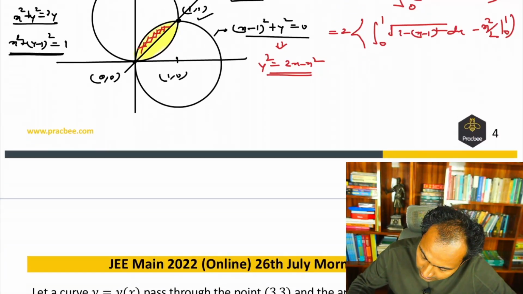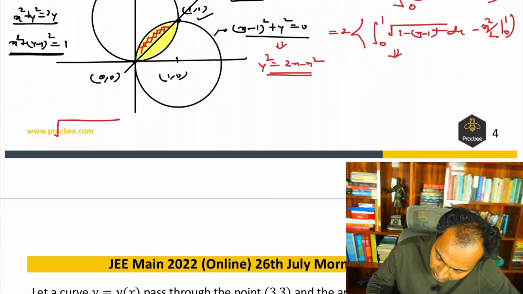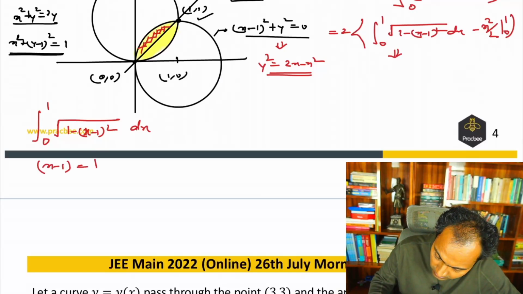So, you can see that for doing this first integration, let us write it separately. I am writing it separately: integral of root of 1 minus (x minus 1) whole square, 0 to 1, dx. And now here we can put x minus 1 is nothing but t. dx will be equal to dt. And this becomes, if I put the limit, minus 1 to 0 root of 1 minus t square dt.